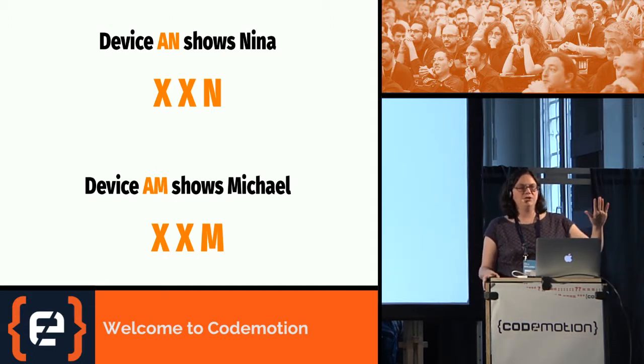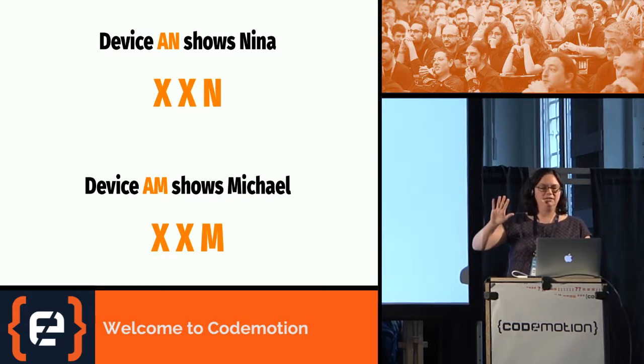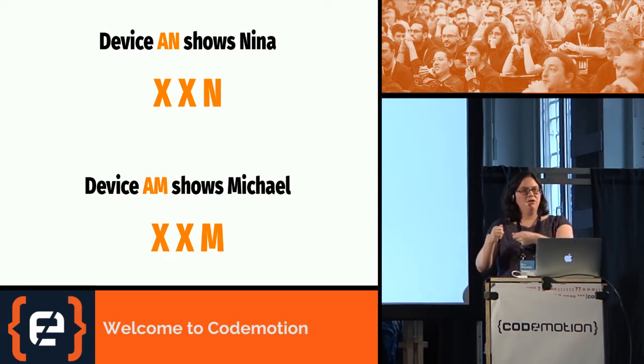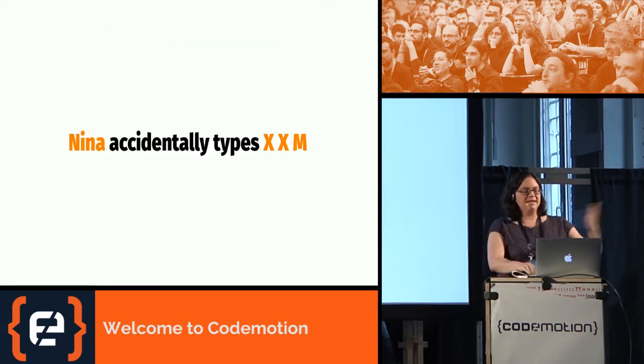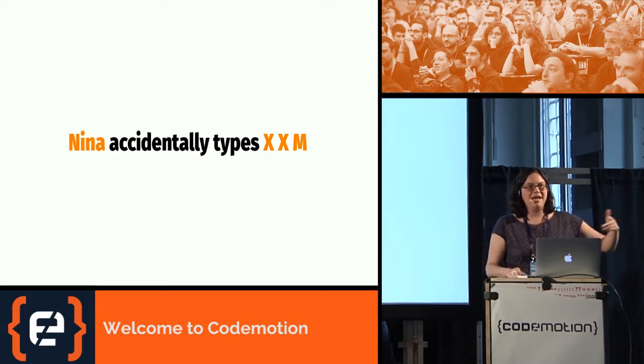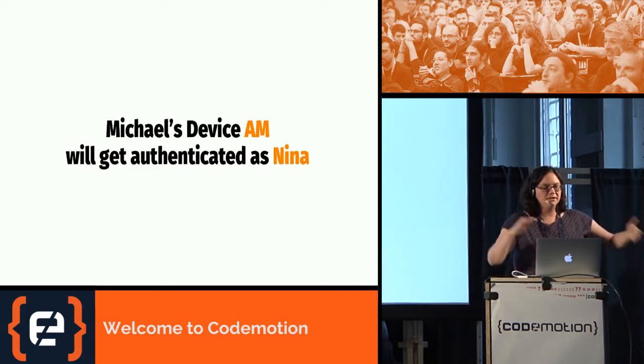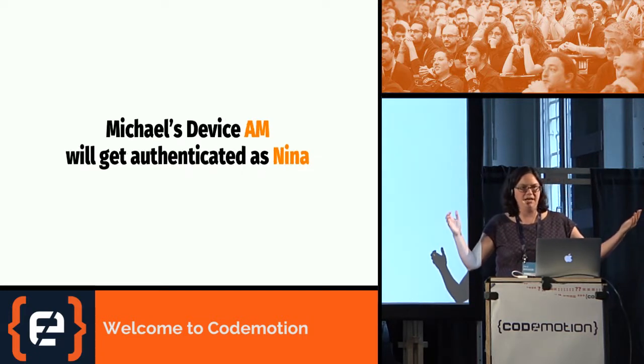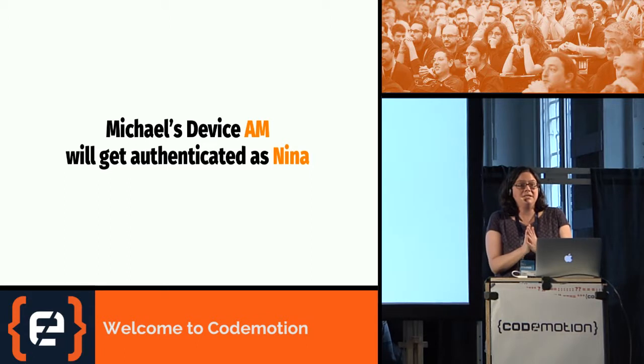Device AN is going to show Nina the code XXN, and device AM is showing Michael the code XXM. So Nina goes to her phone, she's typing, and completely accidentally she types XXM. Magically, in another location, Michael's device is now authenticated as Nina.